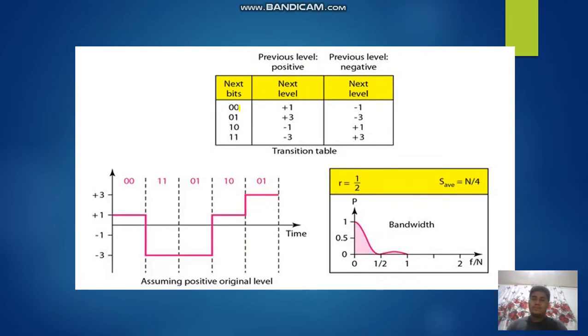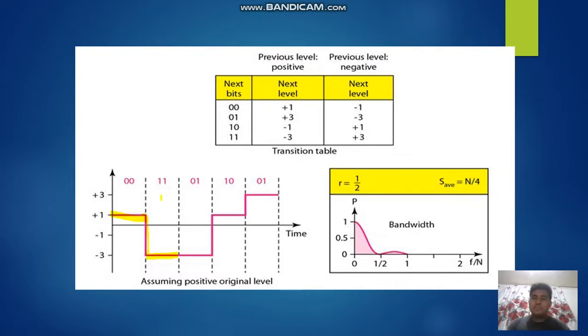Here is how we plot this table. First, we have positive 1 for 00. Because the previous level is positive, we need to find the value on this table. For 11, we have negative 3, so we step down here to negative 3.